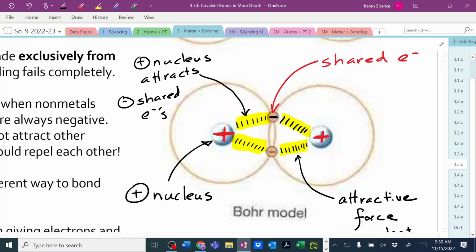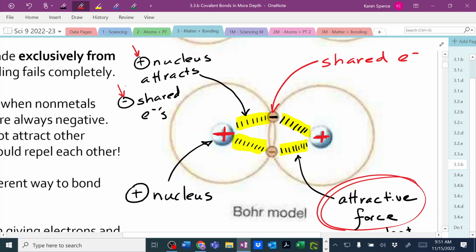We have an attractive force between a positive and a negative. So really, they're just different types of the same attraction. In the ionic bond, you've got ions that are attracting. In the covalent bond, you have the nucleus attracting the shared electrons, but it's still all just positive attracting negative.